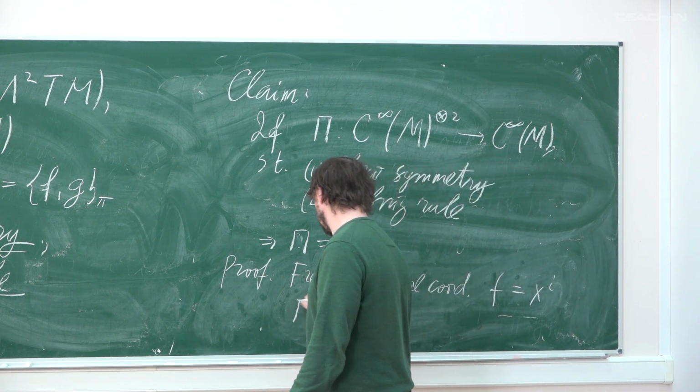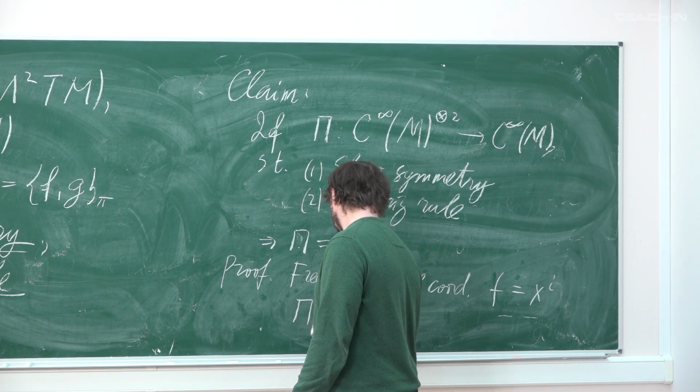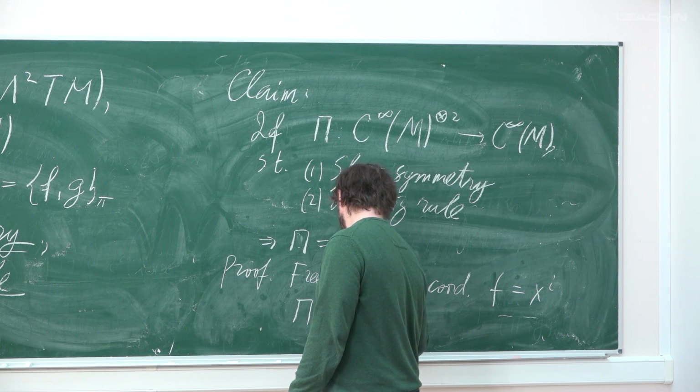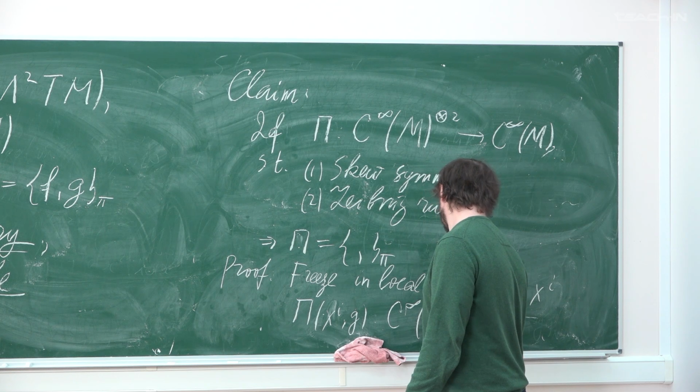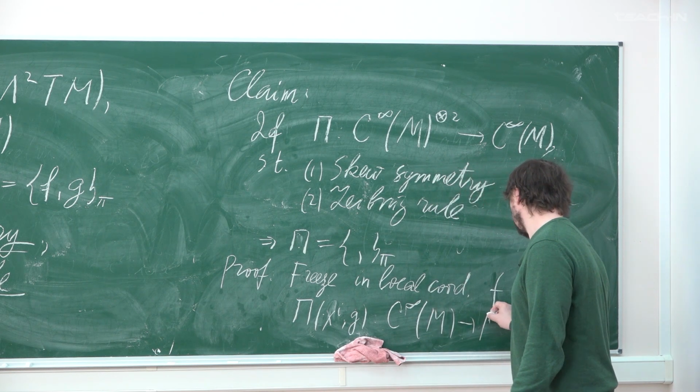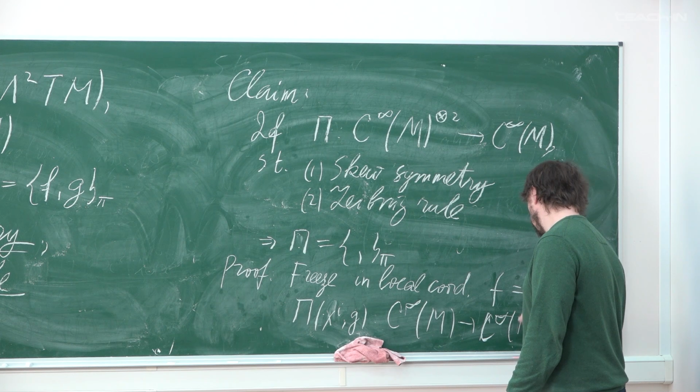Then we have pi of x_i, comma g, from C infinity of M to C infinity of M, which verifies the usual Leibniz rule.